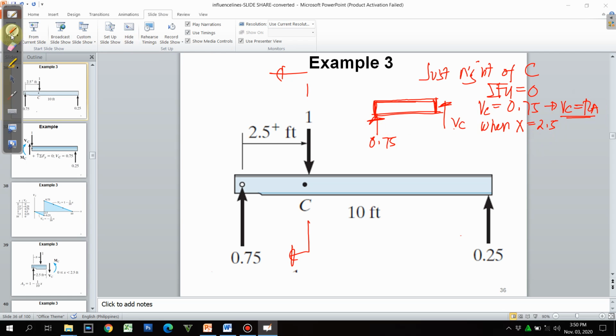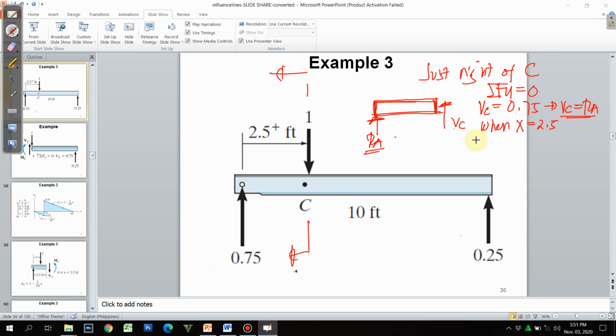Since this is actually a changing value, RA, as x moves, RA changes value.